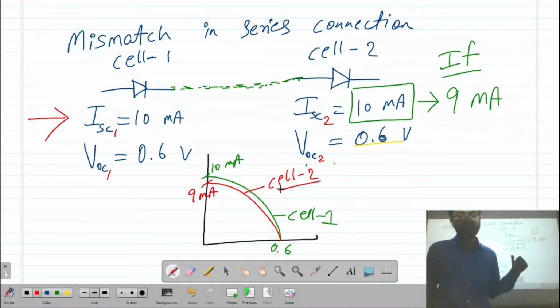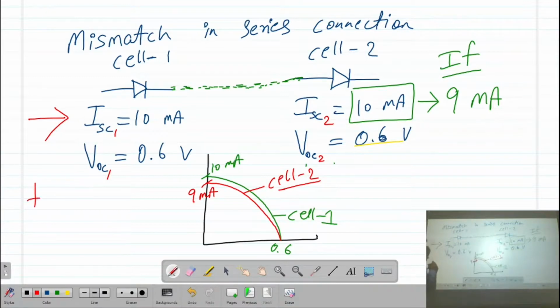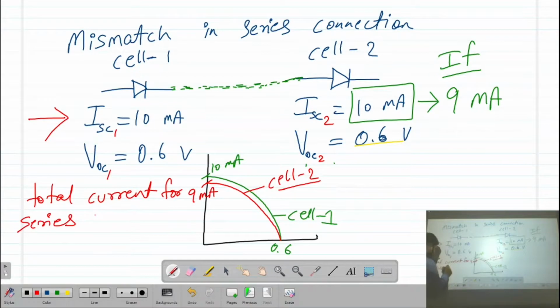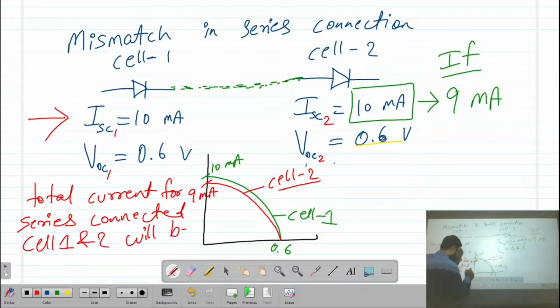Now, in this mismatch, the total current for the series connected cell 1 and 2 will be restricted to 9 milliampere.